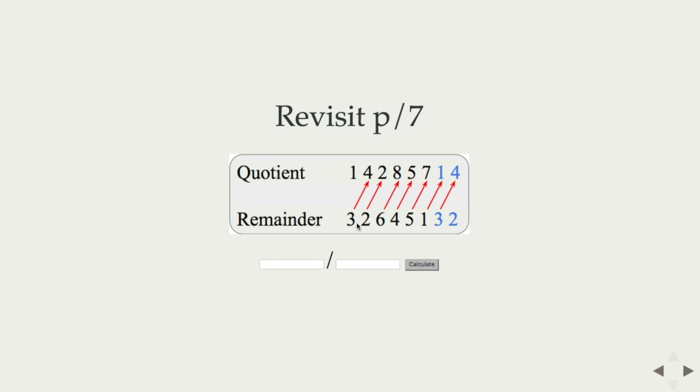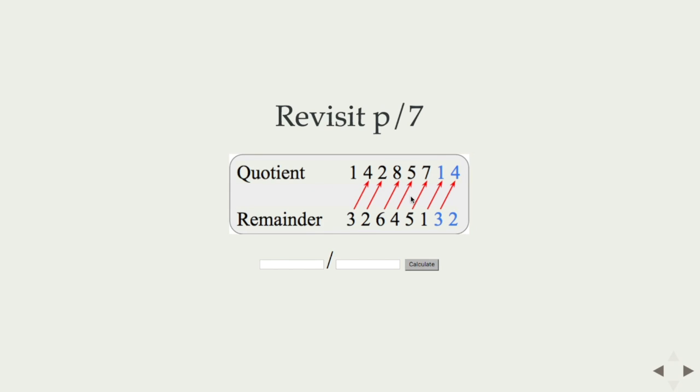If the remainder is 3, the sequence of remainders is going to be this. Each remainder decides the next quotient, what number you put in the result. If 3 is the remainder, then the next quotient would be 4. If it's 2, it would be 2. If it's 6, it would be 8.